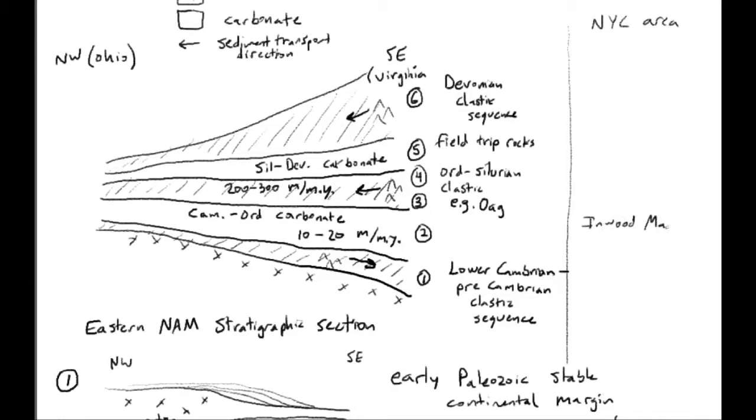So the Inwood marble is metamorphosed carbonate. So Inwood marble is the same stuff. As I said, the Manhattan schist is the same as this similar age and same starting material as this Austin Glen material. Underneath the Inwood marble, there's a quartzite.